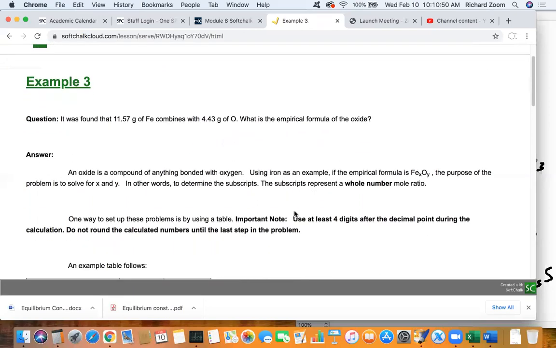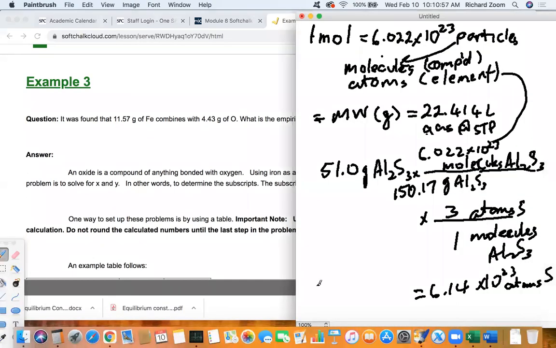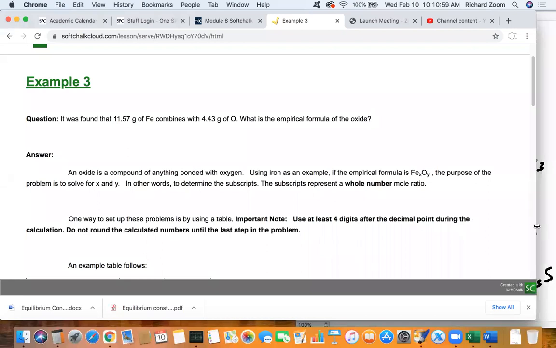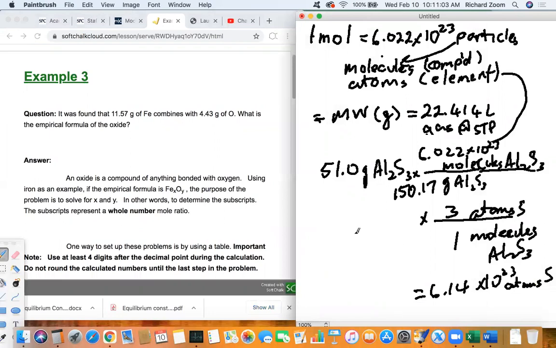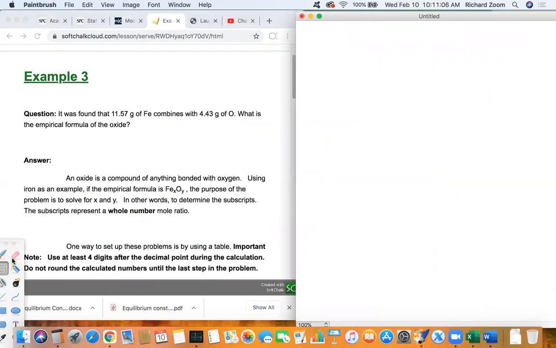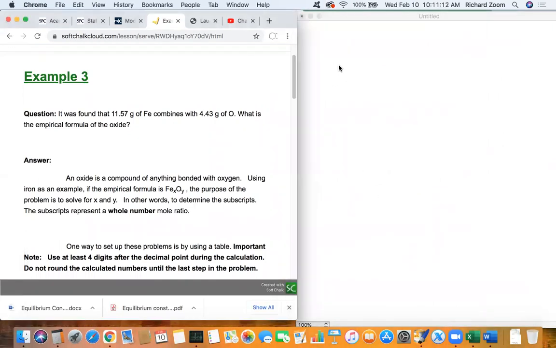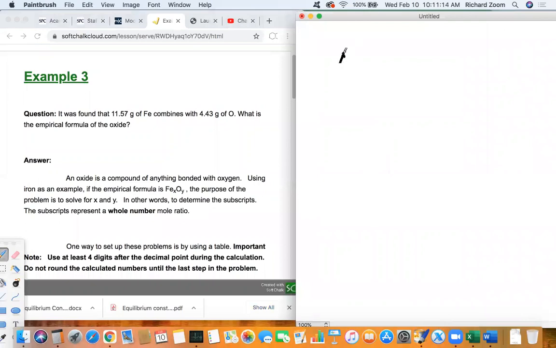So let's look at a typical problem. This one here involves grams, but we'll also look at ones involving percentages as well. I like to set these up kind of like a table, because what we're interested in with empirical formula is figuring out the mole ratio of elements in the completed compound.